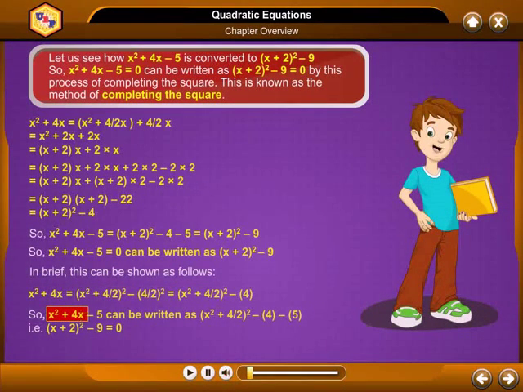So, x² + 4x − 5 can be written as (x + 4/2)² − 4 − 5, that is (x + 2)² − 9 = 0.